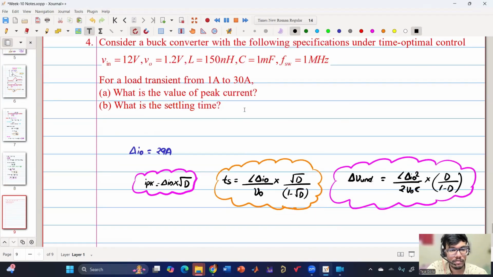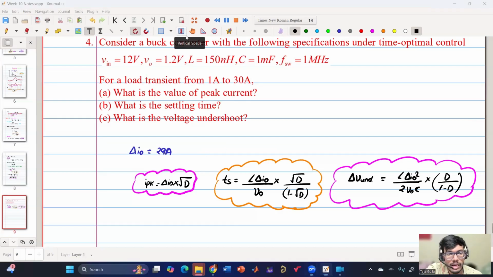In the meantime, I'll add one more part. Okay, so what is the value of peak current and what is the settling time and what is the voltage undershoot? So this will be the last problem of today's session. And using the results that we have obtained while deriving, now we are going to calculate.